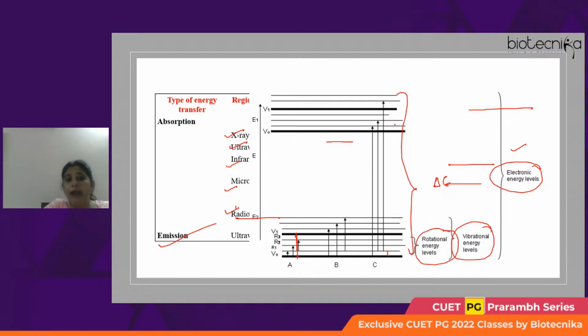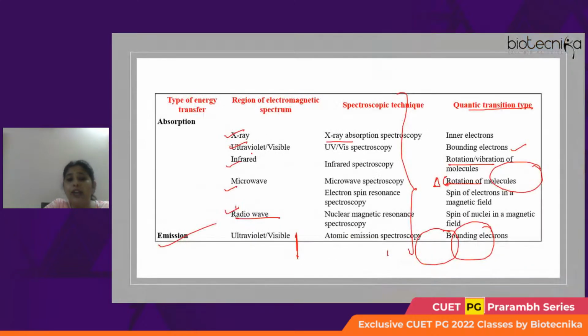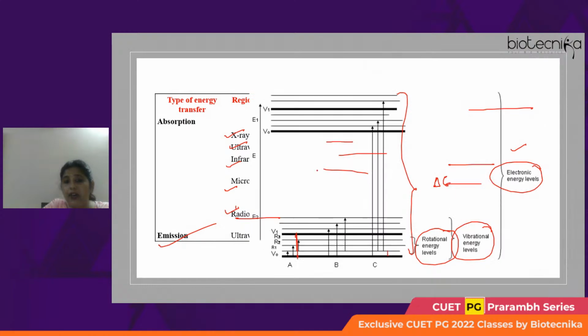Like you may ask, ma'am, why are we using UV visible only to study the electrons, why are we not using infrared for that? Here you can see that the energy difference between electronic energy levels is more, right? And as I mentioned earlier, be it UV visible or infrared, they have a specific wavelength and a specific energy.